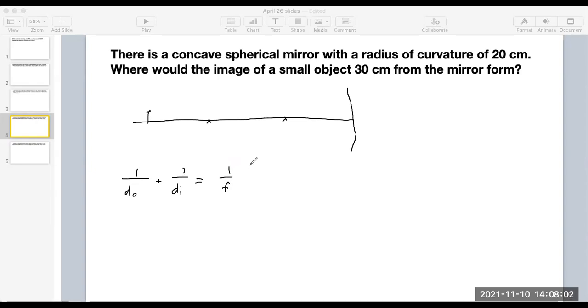First, we need to know what that focal length is, which I already gave, because our radius of curvature is twice the distance to the focus. f equals R/2. Ten centimeters.